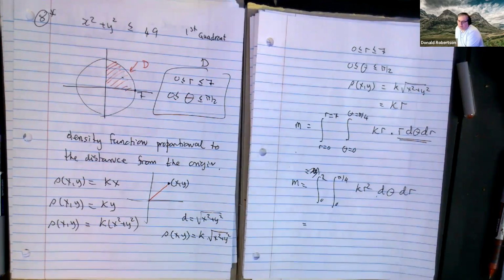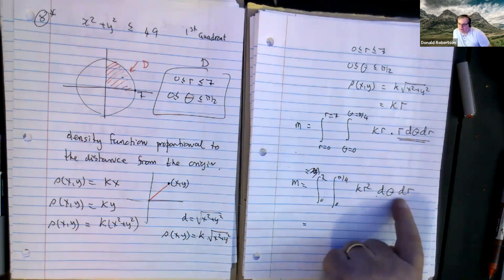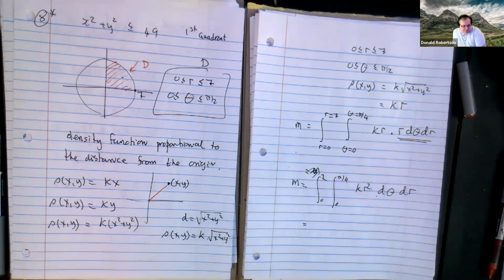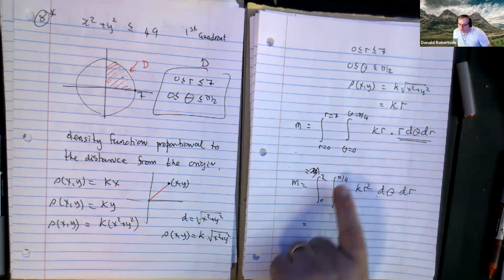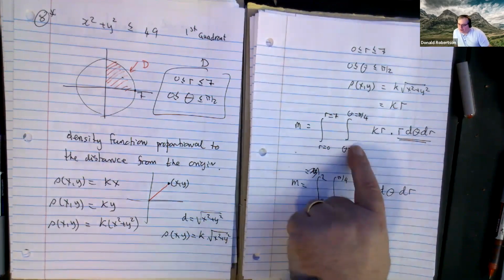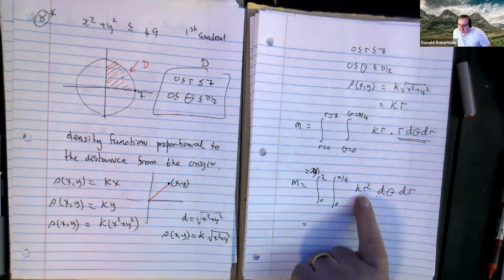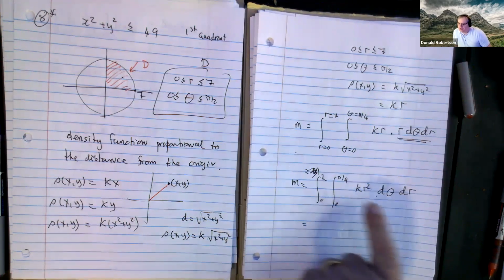Is this integral variable separable? Does it have the features? Are both limits of integration numbers? Check. Is the function two things multiplied?